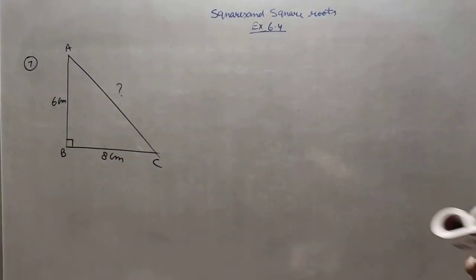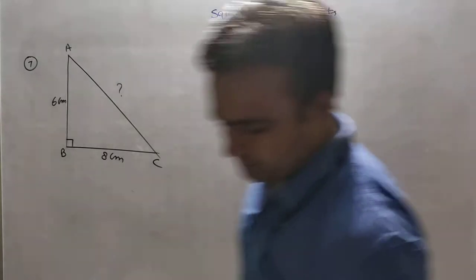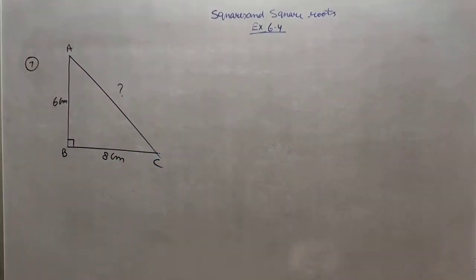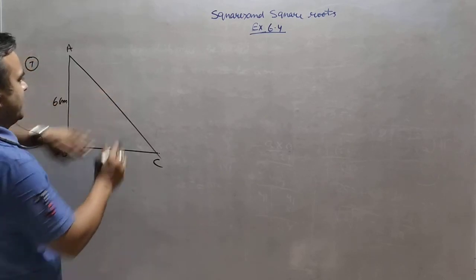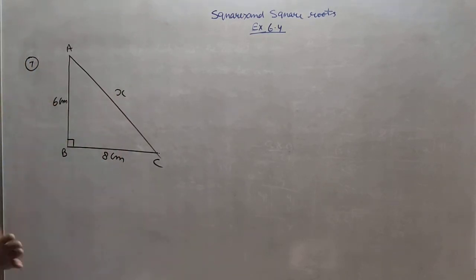Now AB is equal to 6 centimeter, BC is 8, and you have to find AC. So what will you do here? We will use the Pythagoras theorem. Whenever you have a right angle triangle and there are 3 sides and you have to find one side, always apply the Pythagoras theorem. No hesitation, right? There is no doubt in this case.